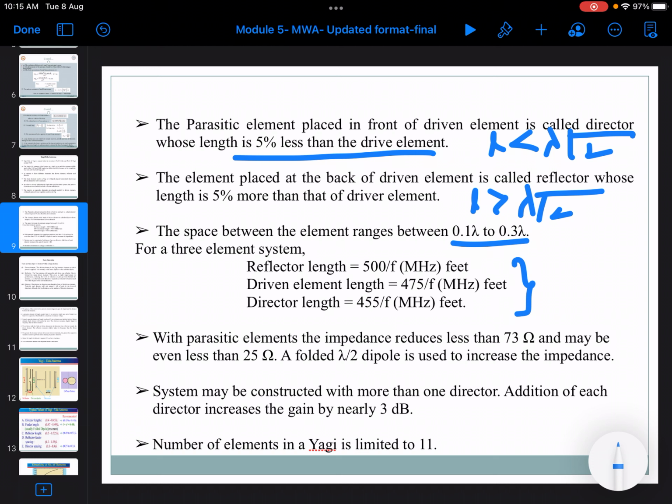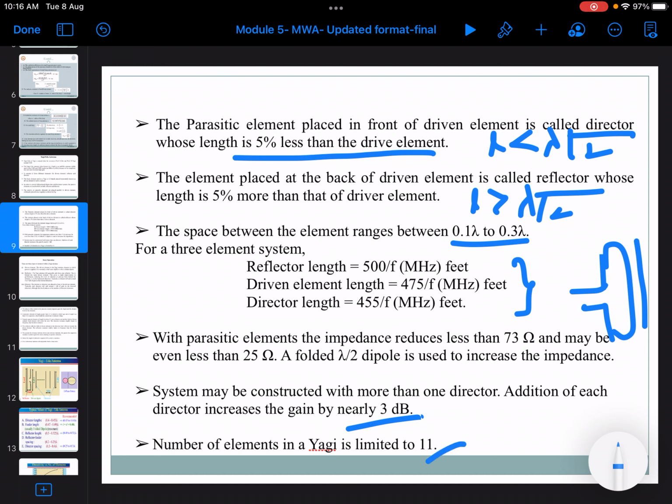In order to enhance the radiation resistance, we can go with a folded dipole kind of driven element, where the impedance can be increased by replacing the dipole antenna with a folded dipole antenna, which is of this kind of structure. By adding a director in front of the driven element, each director might give about nearly 3 dB gain increase.